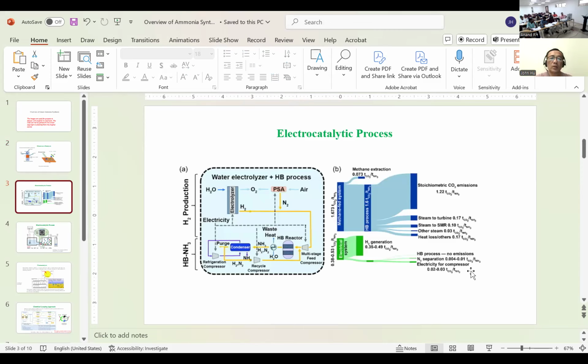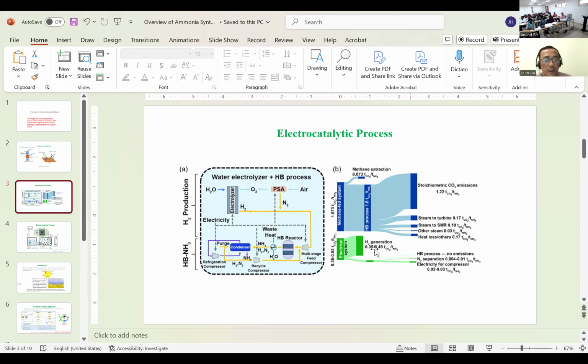Electrocatalysis. What's the electrocatalytic process? Obviously, you have seen this cartoon before. It's all about how you need to revolutionize or basically change the Haber-Bosch. What's the Haber-Bosch? In Haber-Bosch, you generate hydrogen using steam reforming, all right?